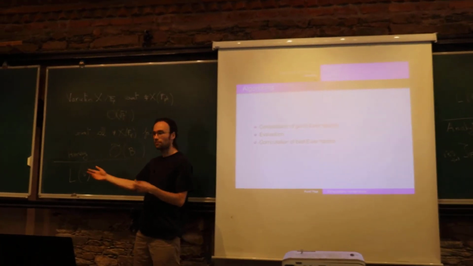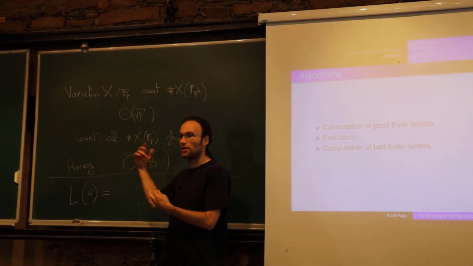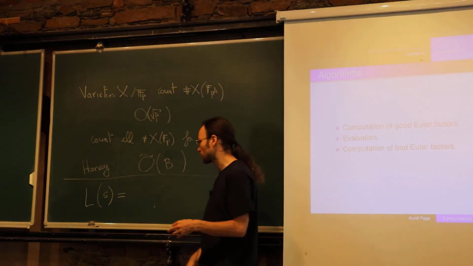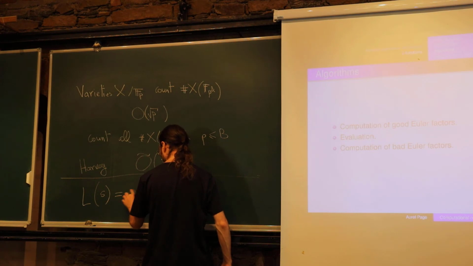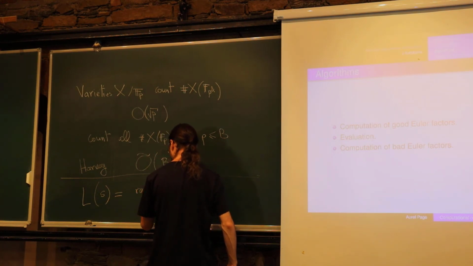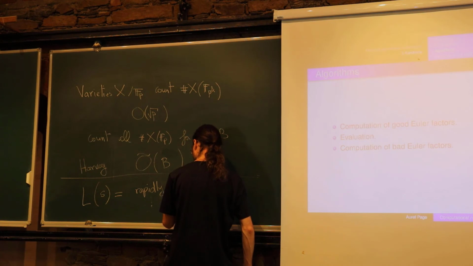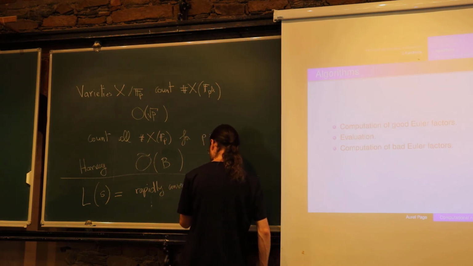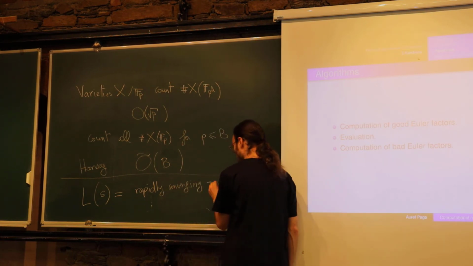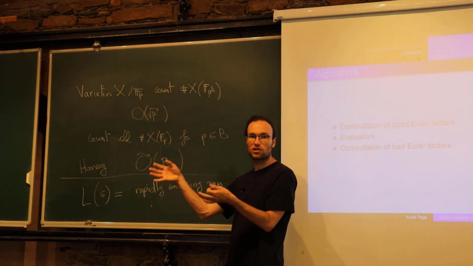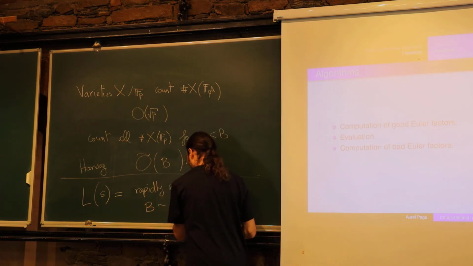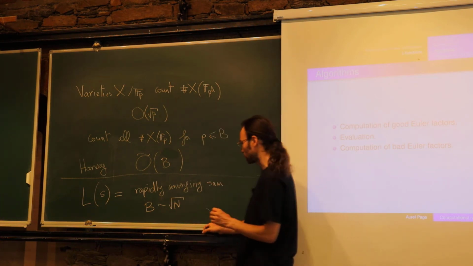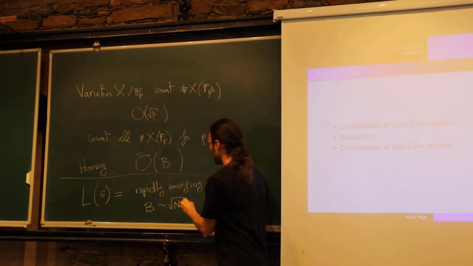The approximate functional equation is an expression for the value of the L function. You obtain it from the usual functional equation by some complex analysis arguments, and it expresses L of s as a rapidly converging sum, where to reach a given precision, you essentially have to sum only terms up to b, which is essentially the square root of n, n being the conductor that appeared in the functional equation.